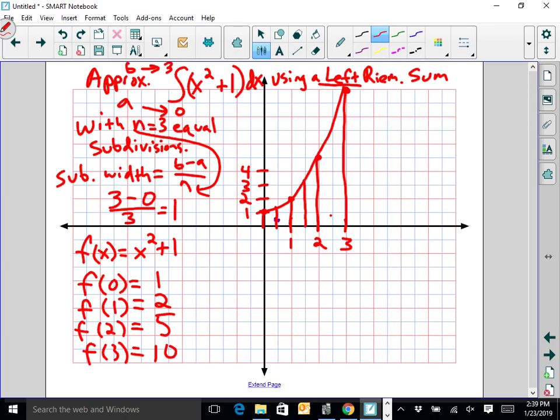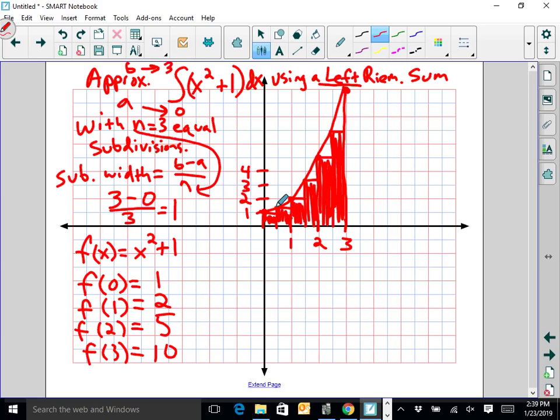Well, let's think. Let's see what a left Riemann sum would look like. Well, using 6 instead of 3, it appears that I have less white space than I did when I used 3 rectangles.